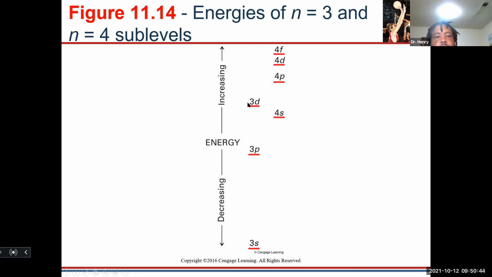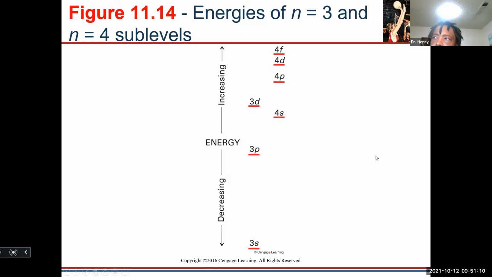Now, when you're taking electrons out, it's different. You always want to go with the highest principal energy level. So we would take out from the 4 before we take out from the 3. Does that make sense? And you're going to ask me, why is that?